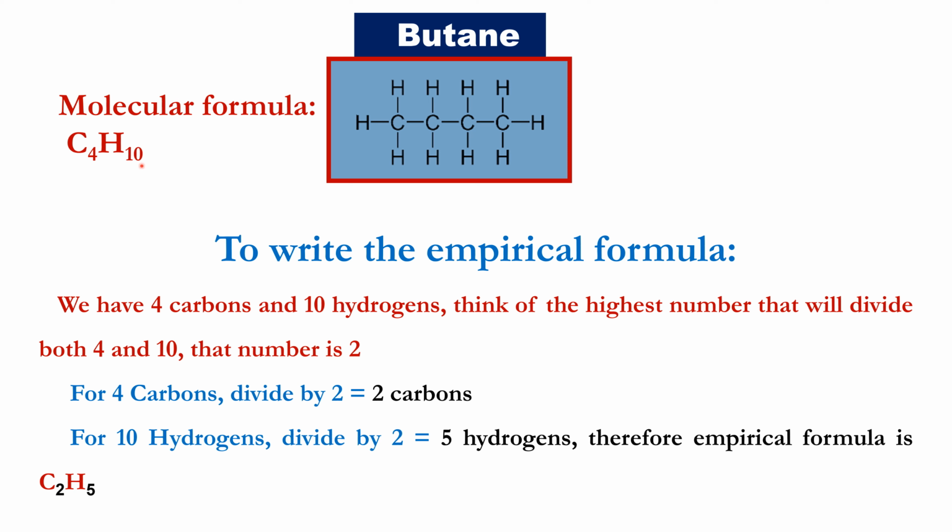And for 10 hydrogen atoms, we divide by 2 and we get 5. Therefore, the empirical formula is C2H5, because when we divided by 2, we got 2 carbons and 5 hydrogens. So the empirical formula of butane is C2H5.